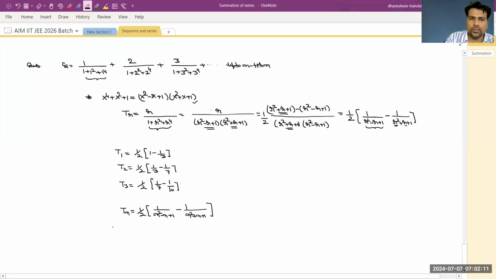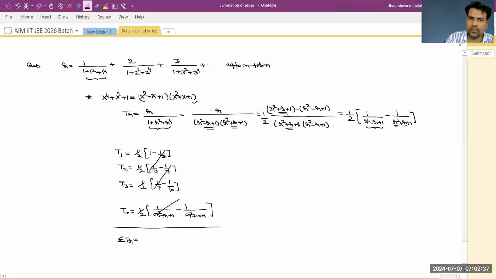Okay, so see, what is the summation? Summation is nothing but the sum of the t of r terms. If we add all these terms t1, t2, t3 up to tn, then here we get the summation of t of r. And see, from here, can I cancel these two terms? Similarly, if I add all these terms, they will cancel out up to 1 by n squared minus n plus 1.